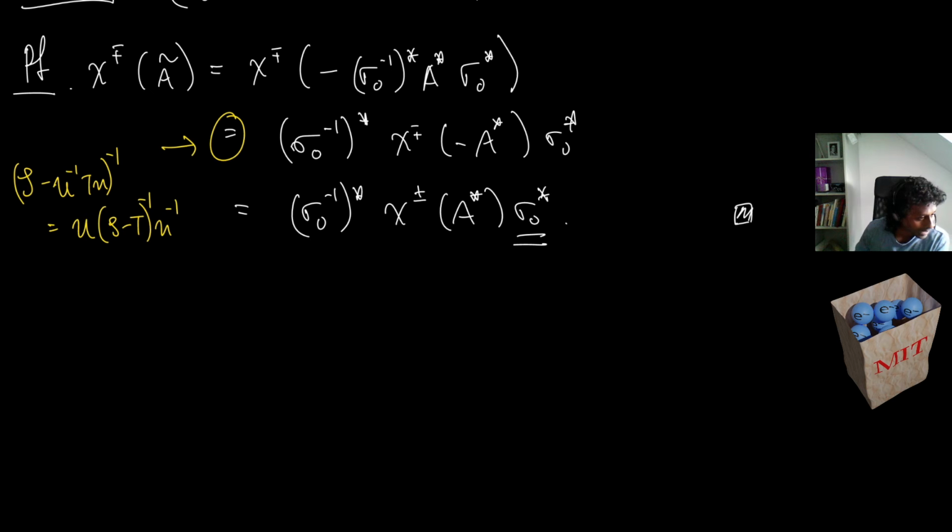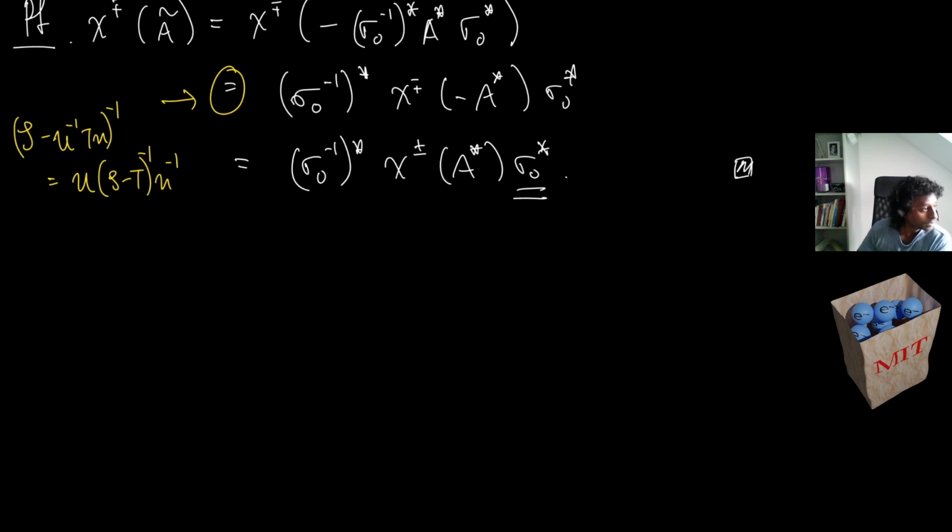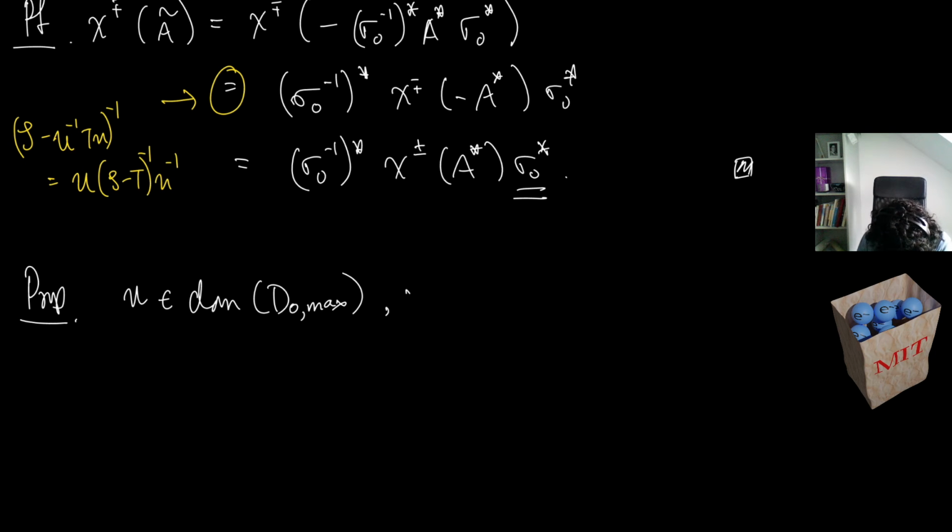Okay, so lastly, let me just give the integration by parts formula. Proposition. So this is the first integration by parts. When we have u in dom d0 max, and we have v in dom d dagger 0 max, then what do we have?